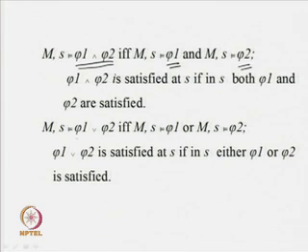Similarly, we can look for the disjunction phi 1 or phi 2. Since this is a disjunction, in a particular state S, phi 1 or phi 2 holds provided either phi 1 holds in S or phi 2 holds in S. These are the basic operators that we are having.